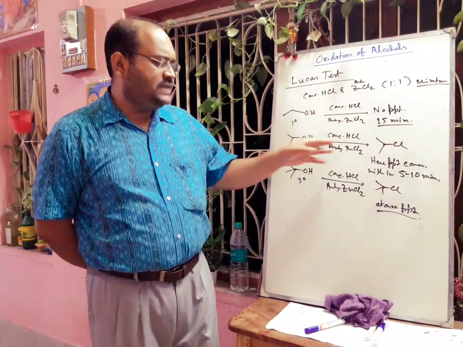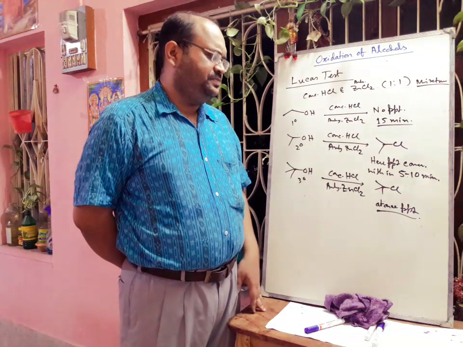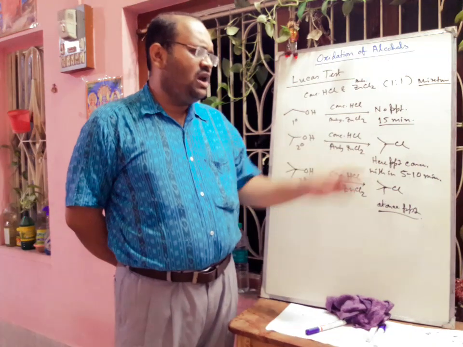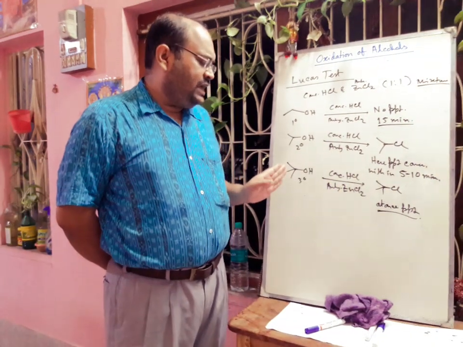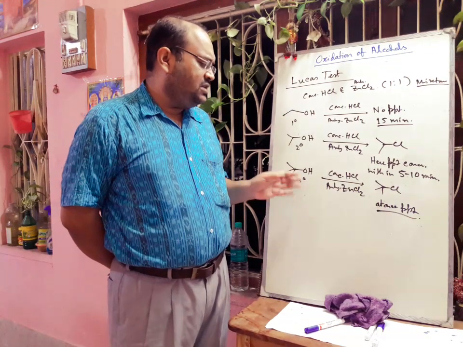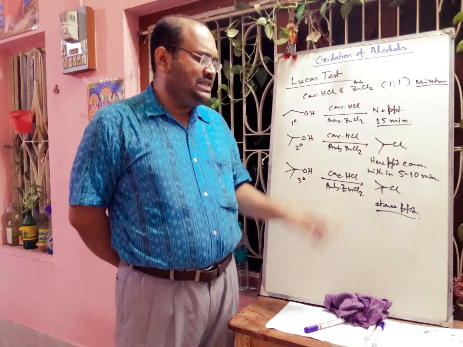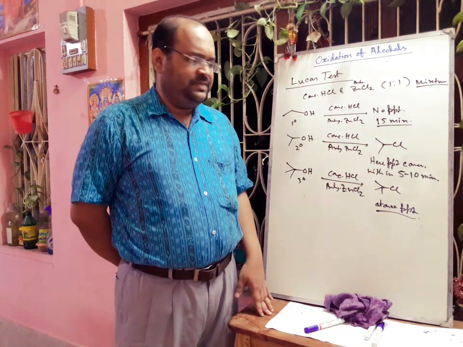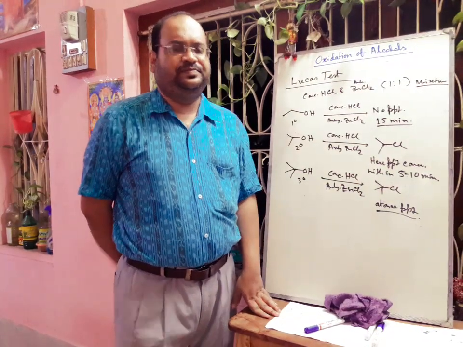But in case of secondary alcohol, if we add Lucas reagent, then there will be formation of precipitate or cloudiness within 5 to 10 minutes. But the rate of reaction is very fast in case of tertiary alcohol. So in tertiary alcohol, if we use the Lucas reagent, then at once there will be precipitation or cloudiness and it will form tertiary butyl chloride.